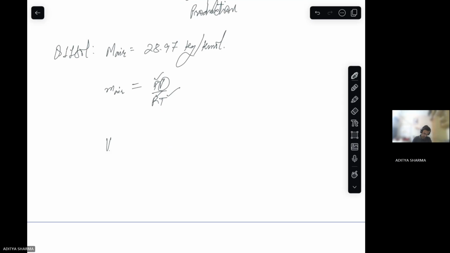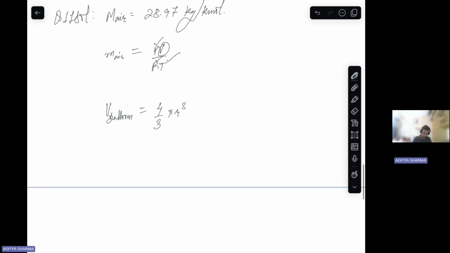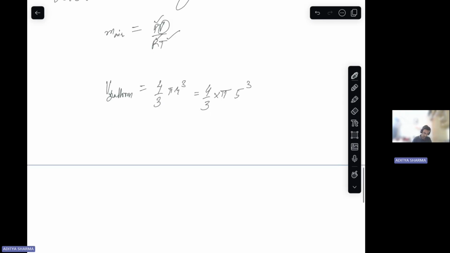Okay, so we'll calculate the volume of the balloon. Because the diameter is 10, the radius will be 5. And if we work this out, this comes out to be 523.59 meter cube.